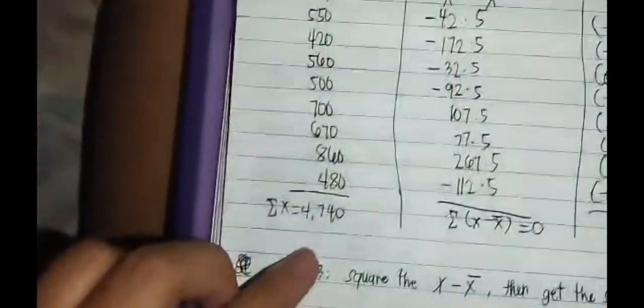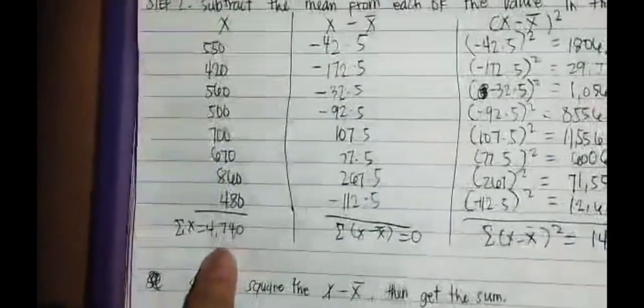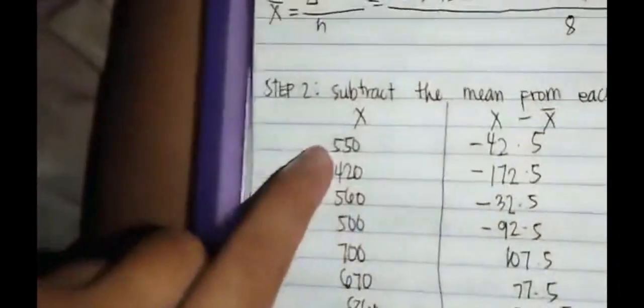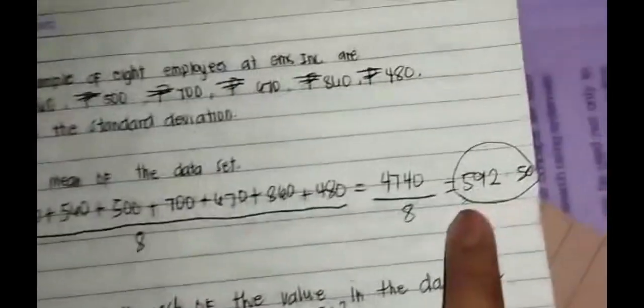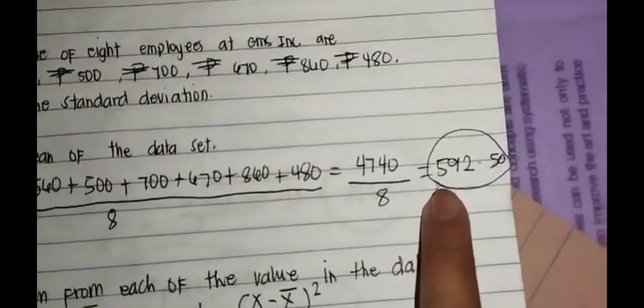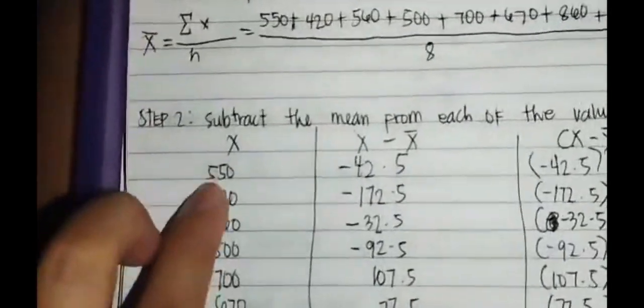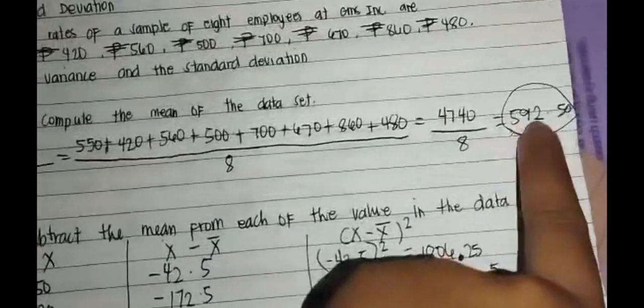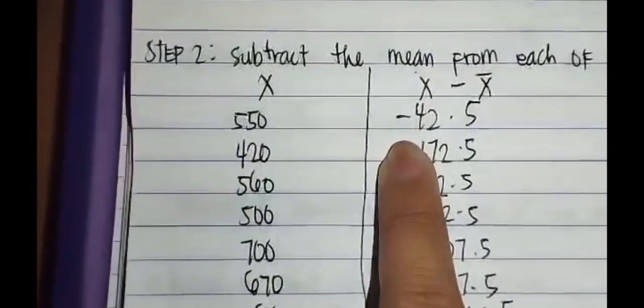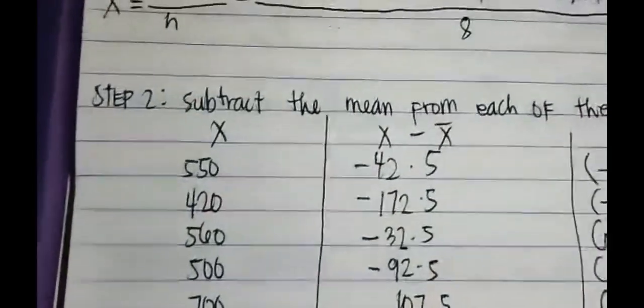Tapos, step 2, subtract the mean from each of the value in the dataset. So, itong mga values na to, ilalagay lang dito at saka yung mean. Tapos, dito sa kabila, ang mangyayari, 550 ima-minus dito sa mean na 592.5. So, ito ay magiging 550 minus 592.5 is equal to negative 42.5.